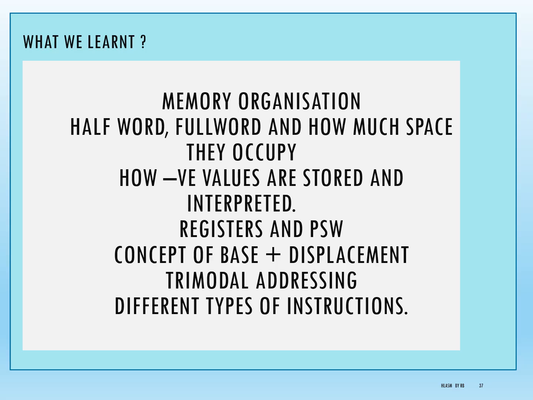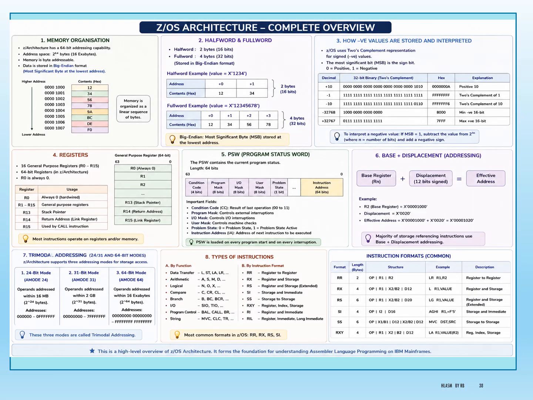Let us put this in a little graphical form. Here it is, everything in one place in a graphical format. Memory organization, half word, full word concepts, negative values. We spoke about registers. We spoke about the PSW, base plus displacement, tri-modal addressing 24, 31, and 64, different types of instructions and instruction formats, RR, RX, and all that.